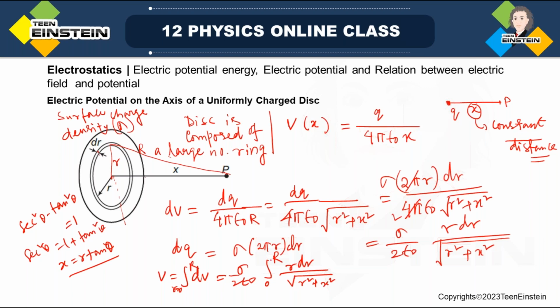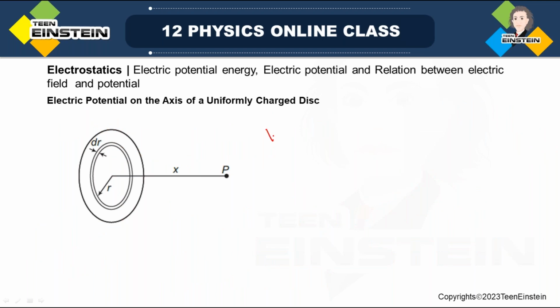And finally, what value did we get? We had got the value for this potential. I'm just erasing everything, keeping just the last point. So we get sigma by 2 epsilon 0, and we'll just keep the integration, r dr over square root of r square plus x square.